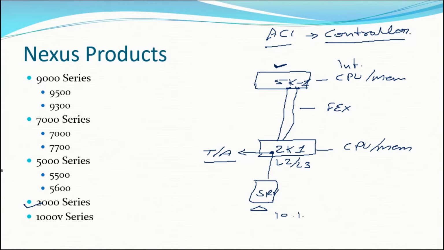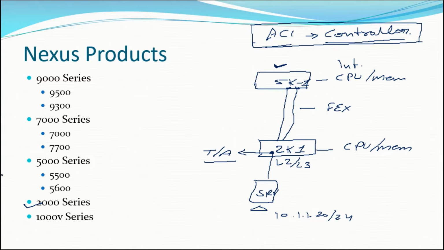Maybe this server has this number of IP addresses. So in the case of ACI, we perform the same action, but not from the individual switch. We have to do it from the controller's perspective.